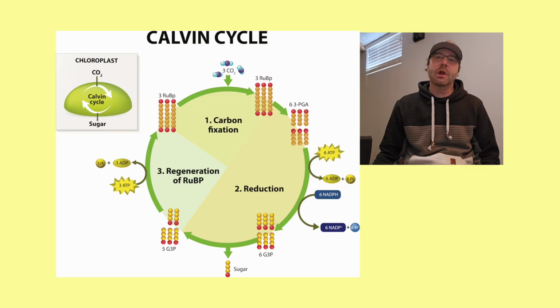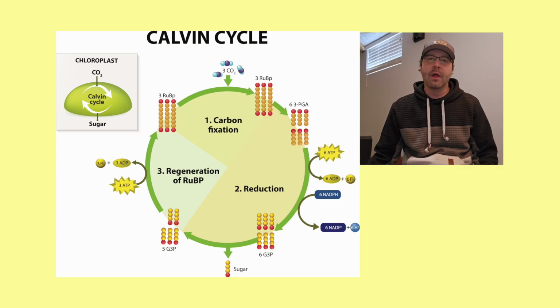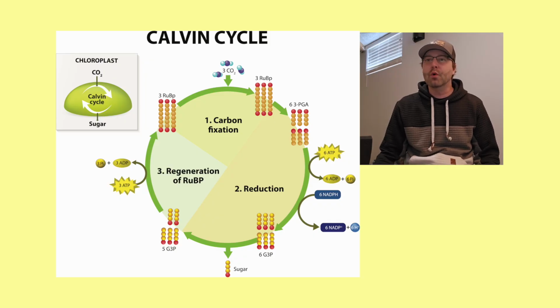The conversion requires the donation of electrons from NADPH and a phosphate group from ATP. One molecule of G3P eventually contributes to the formation of organic carbohydrates. However, not all G3P molecules leave the cycle. Some remain to help regenerate the starting molecule RuBP in the next stage.